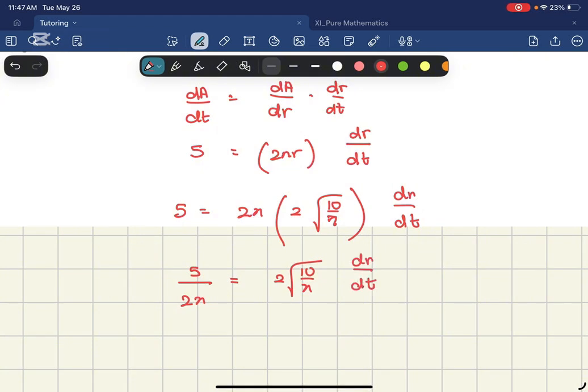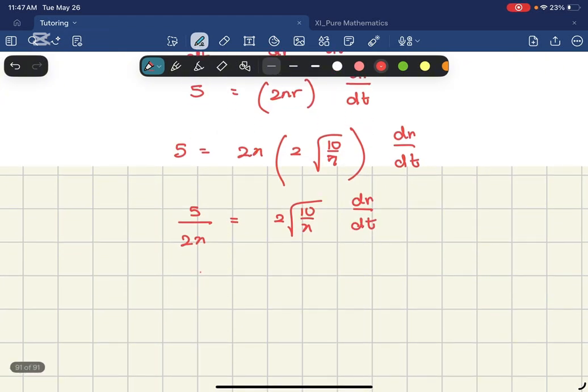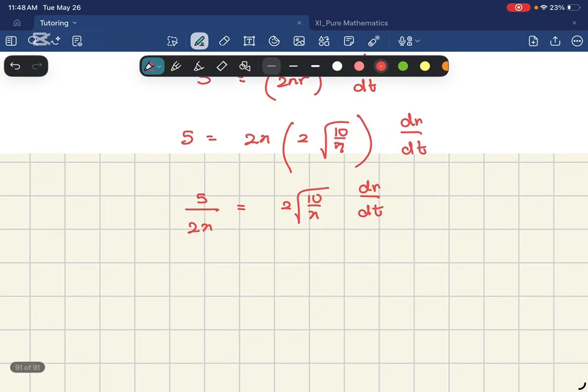So I just divided by 2 pi on both sides. I believe I'm going to get a very messy expression. And I encourage you to figure out the expression on your own. But it's going to be 5 over 4 pi first. And you have square root of 10 over square root of pi dr by dt, right?